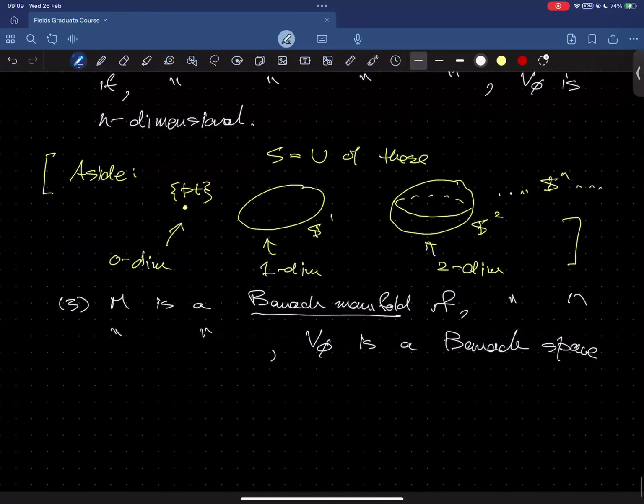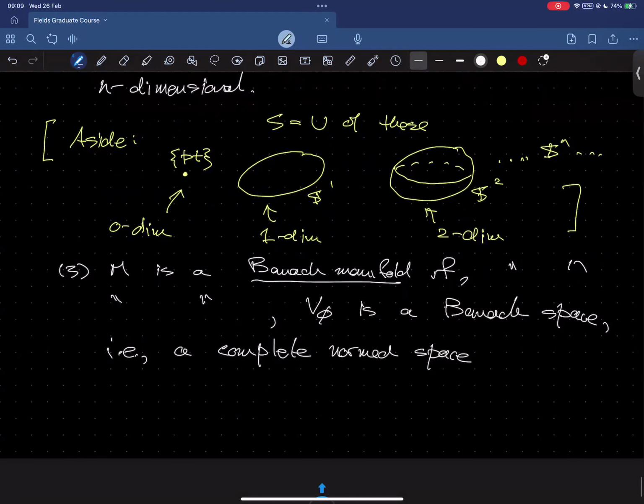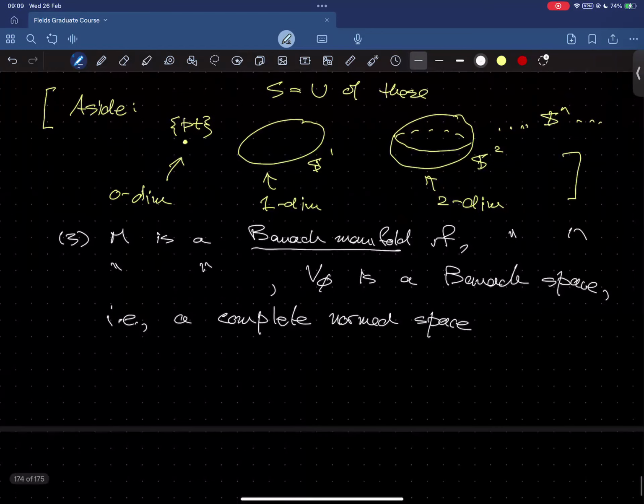Just remember that a complete normed space is what a Banach space is. So this includes, for example, the finite dimensional case, since every finite dimensional normed vector space is complete. But it includes also infinite dimensional examples.